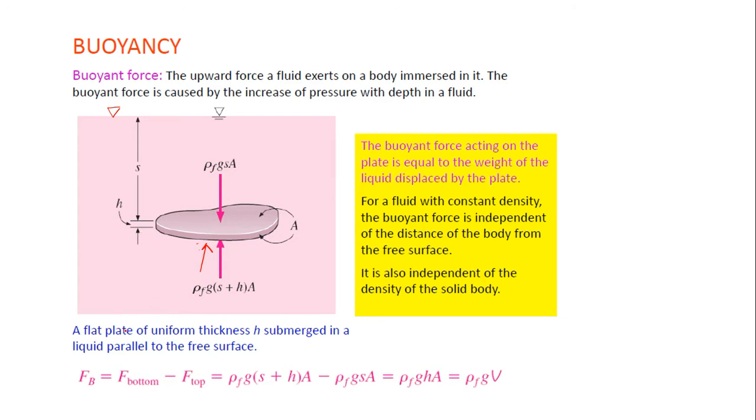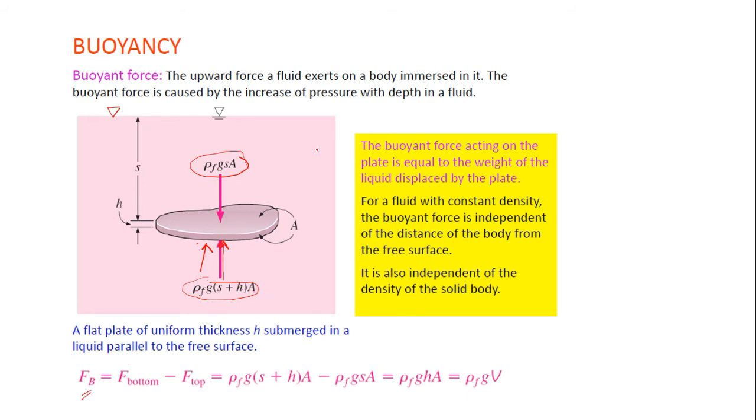The buoyant force FB, which acts at the bottom of this object, is equal to the force at the bottom minus the force at the top. So the net force will give you the buoyant force.